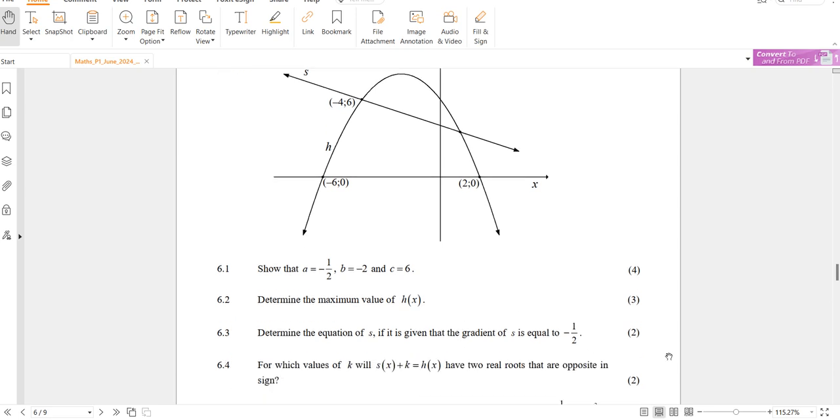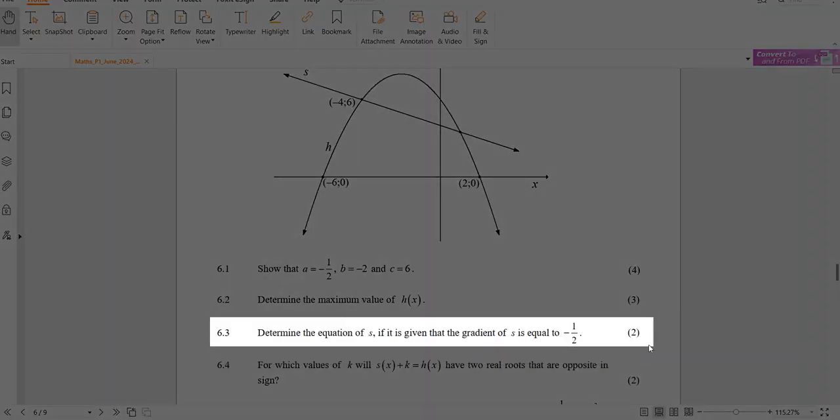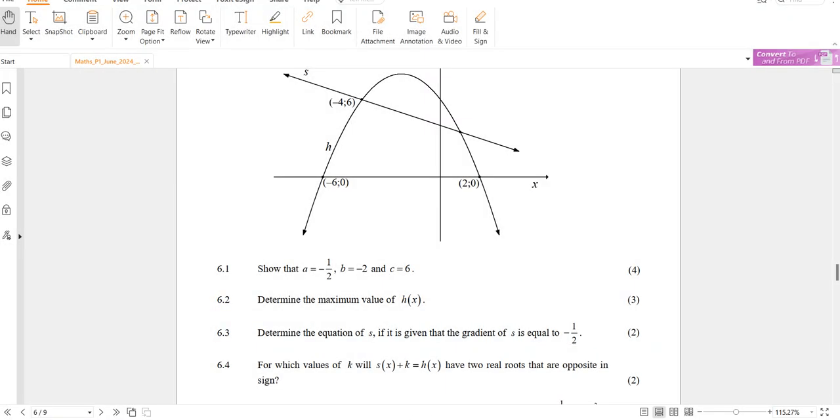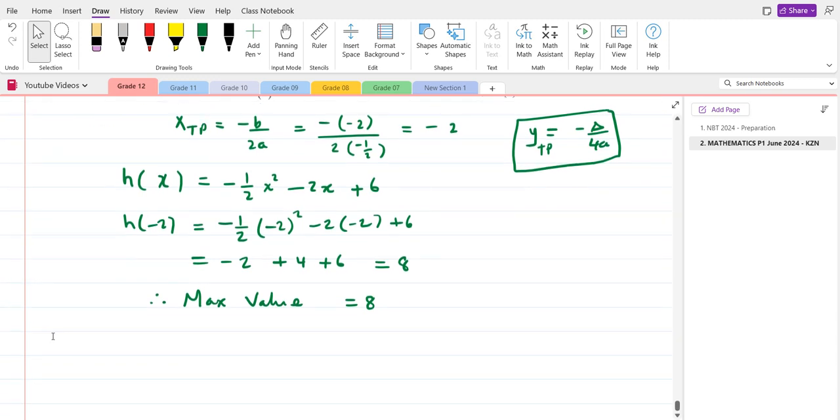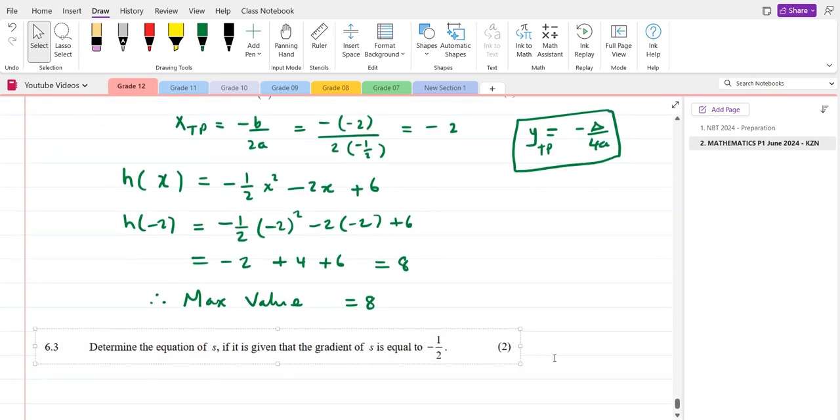Determine the equation of S if the gradient is equal to negative half. Simple. Remember the gradient is negative half. So what's the equation of S?